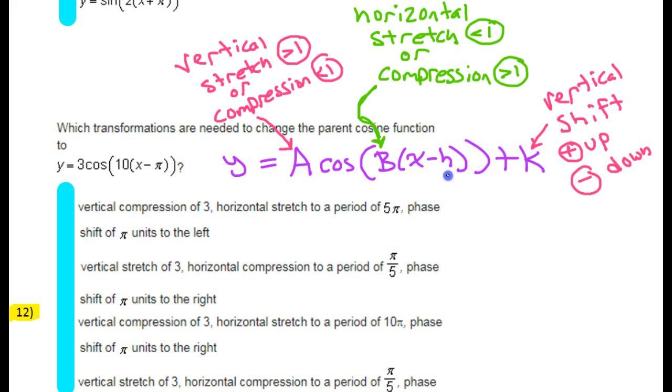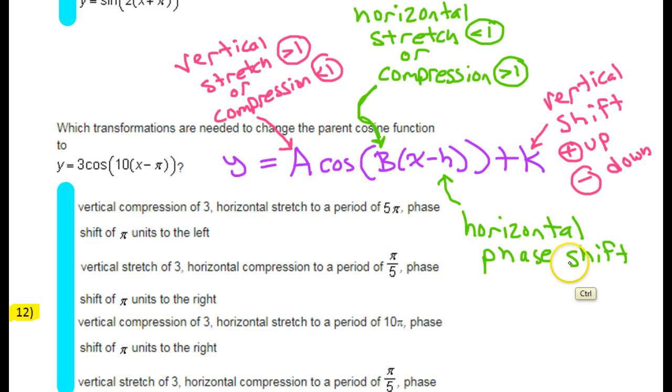Now that just leaves the h value. This number is going to represent a horizontal shift. Notice everything inside the function is horizontal. Everything outside the function is vertical. So this is going to be a horizontal phase shift. It's really just a horizontal shift, but when we are dealing with periodic functions like sine and cosine, we just call it a phase shift.